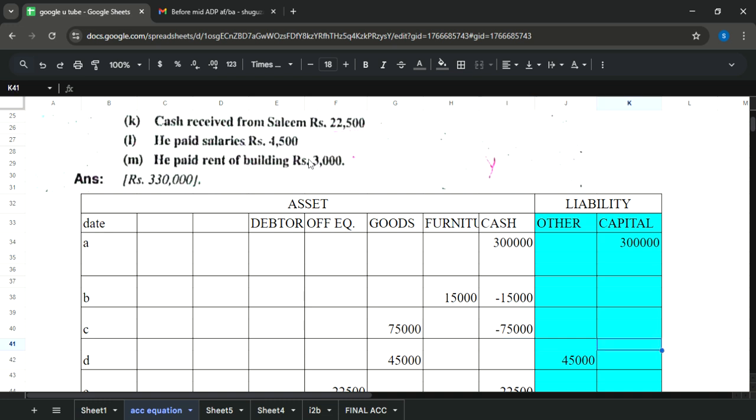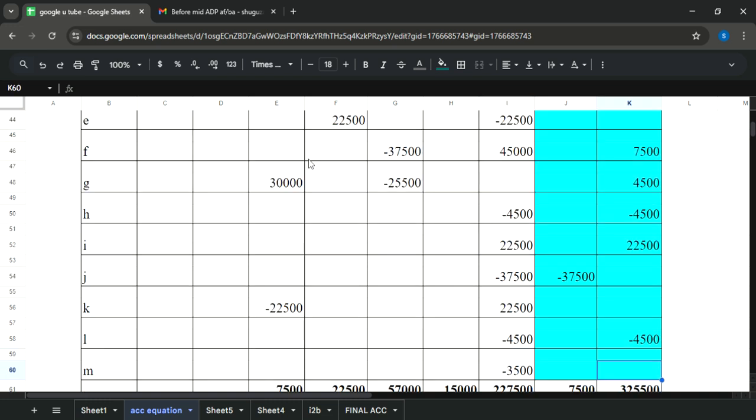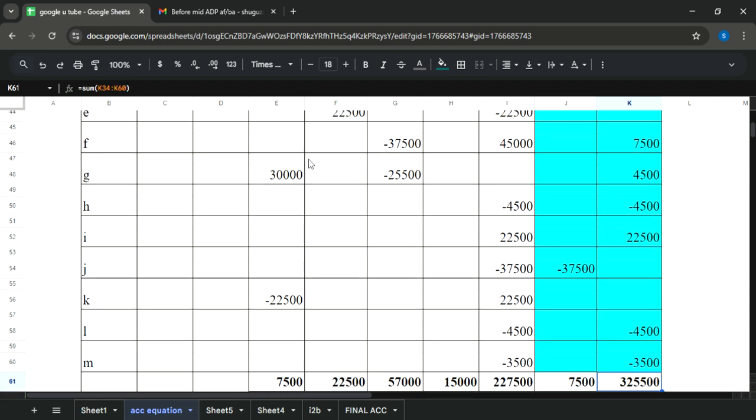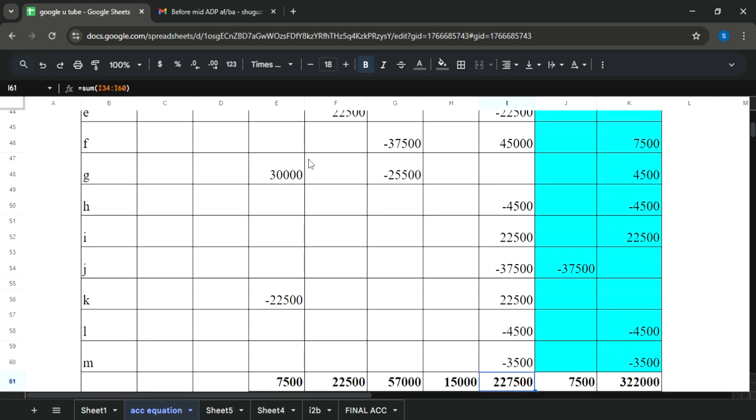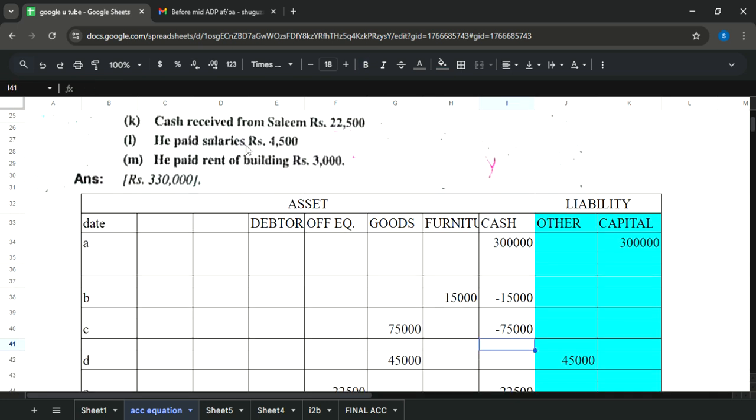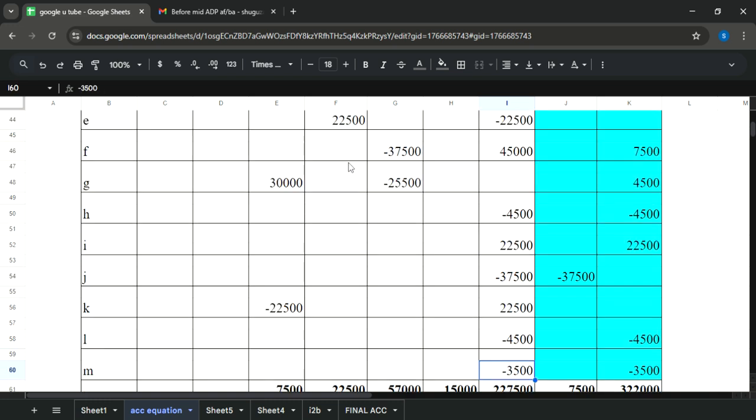Expenses will be adjusted in capital. So there will be a decrease of 3,500 in your capital as well, because you have, okay, this was 3,000. You have paid rent of 3,000. Just write down 3,000 over here and it would be adjusted in capital 3,000.